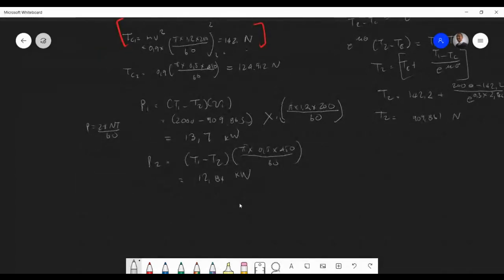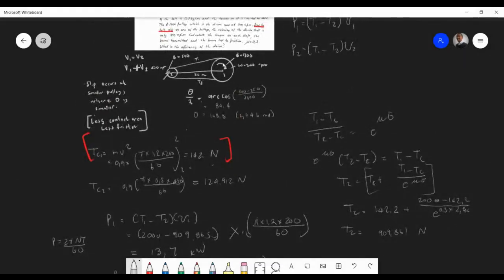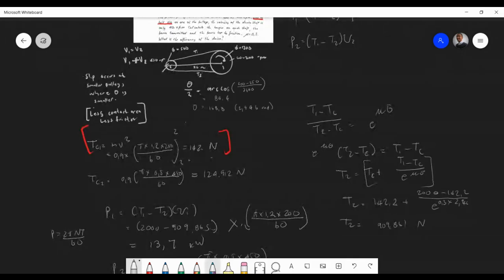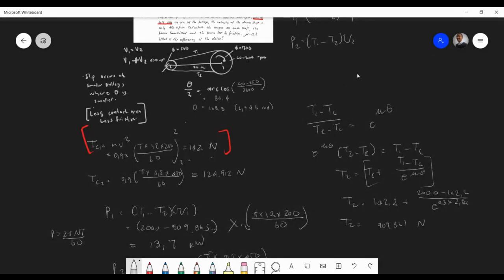If we step back, pulley one was the driver pulley. That would have been what our motor was giving us, spinning this particular system.